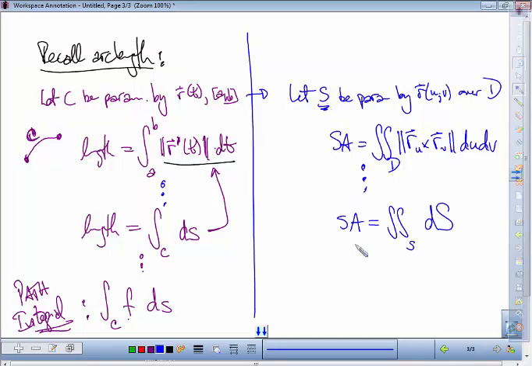Remember this SA just stands for surface area.